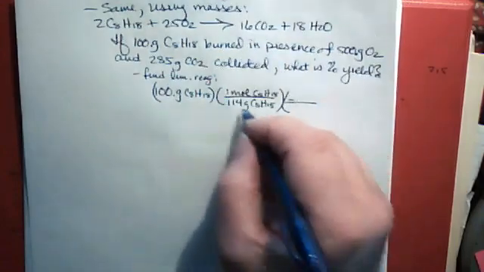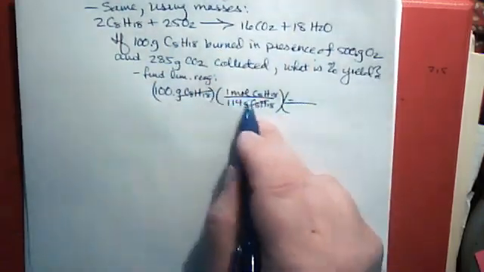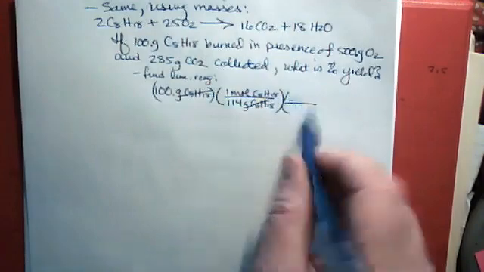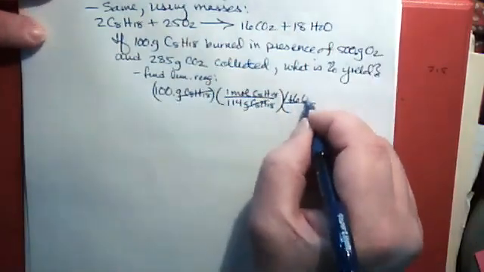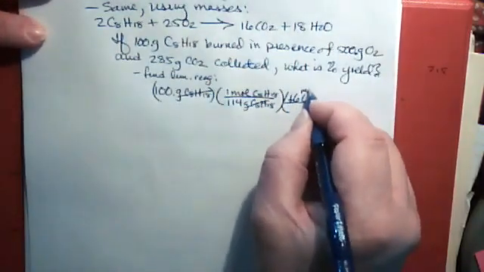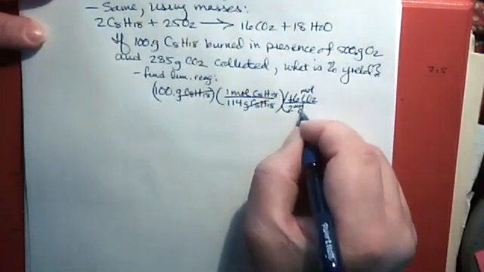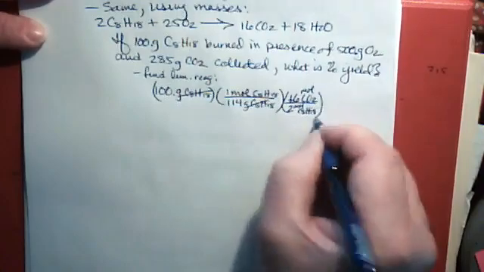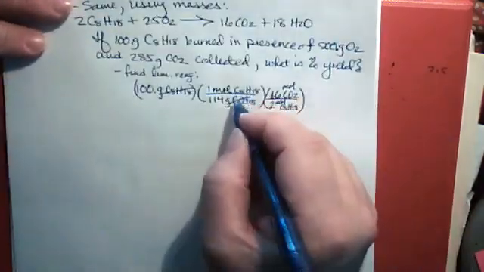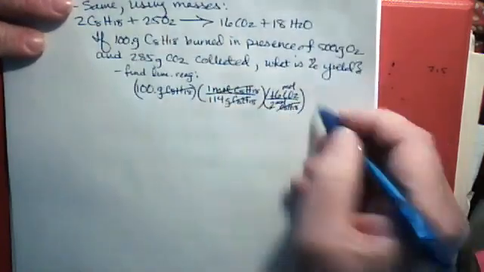We get, okay, so at this point we should have moles of octane, and then we can use the coefficients from the equation to convert to moles of CO2. So moles of octane should cancel now.